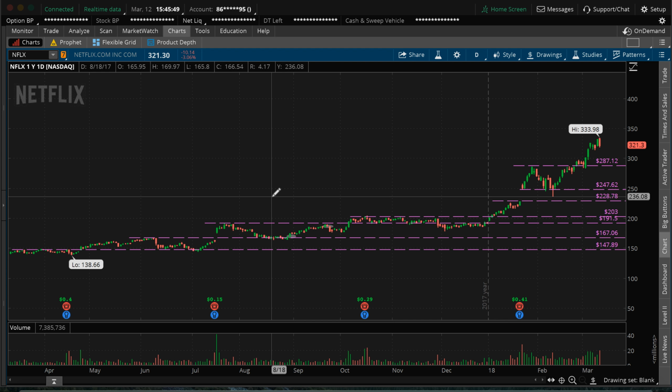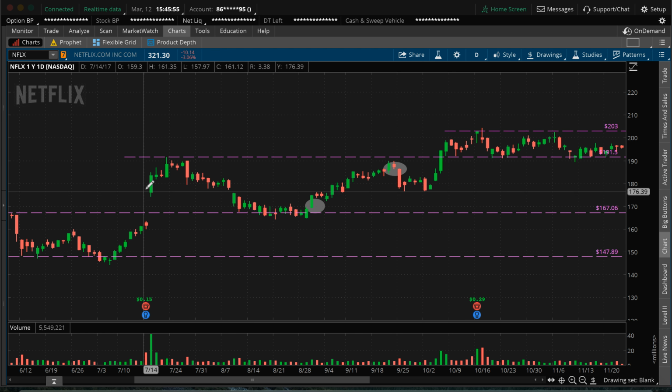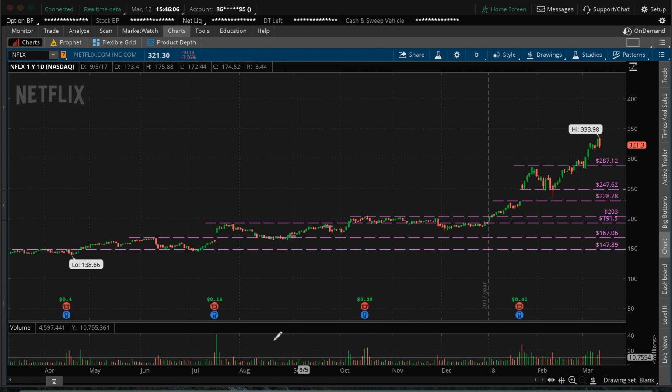Now, reading price action, if you look at this in the swing chart, it's a lot easier. Now this is a daily chart. This was a breakout of Netflix, broke out a couple of days in a row, created this resistance level, and pulled back to the support level. Now, if you look at the chart, this support level, this 167 level, you see this number is based on this last top.